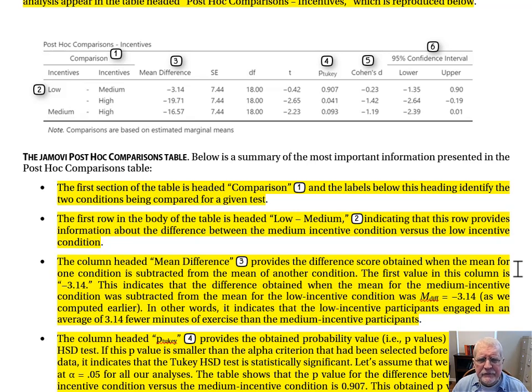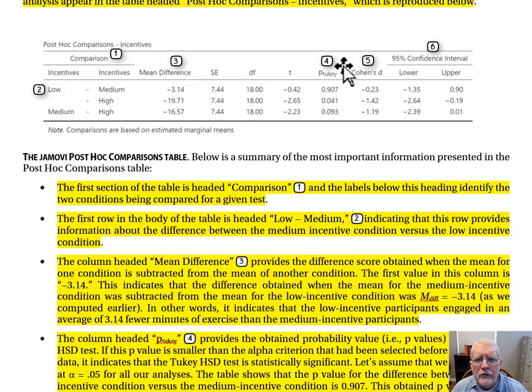This indicates that the difference obtained when the mean for the medium incentive condition was subtracted from the mean for the low incentive condition was negative 3.14 minutes, as we computed earlier. In other words, it indicates that the low incentive participants engaged in an average of 3.14 fewer minutes of exercise than the medium incentive participants. That was call-out number 3.